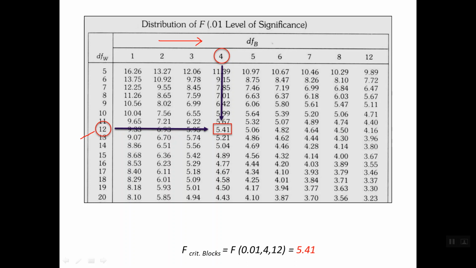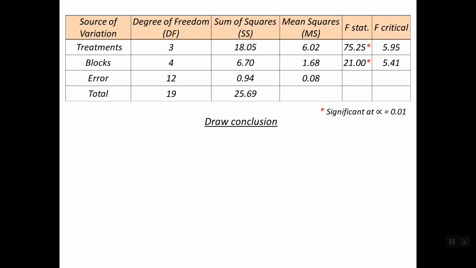So the value of the F critical for the blocks, which is the value of F for probability 0.01 and degrees of freedom 4 and 12, is equal to 5.41. So by this, all the entries needed to be filled inside the ANOVA table have been calculated.